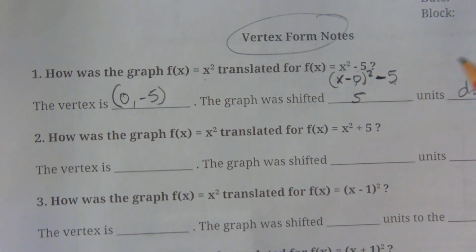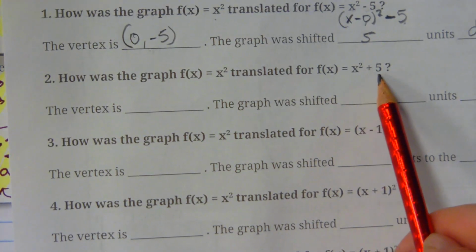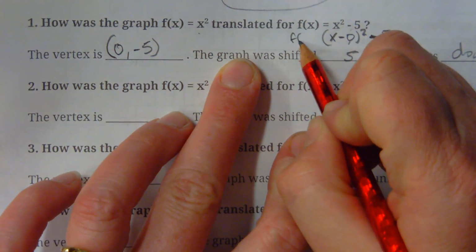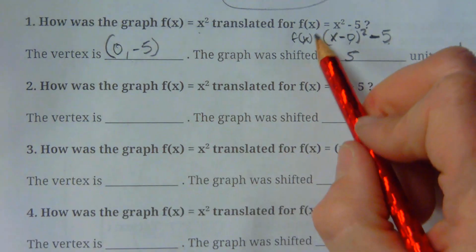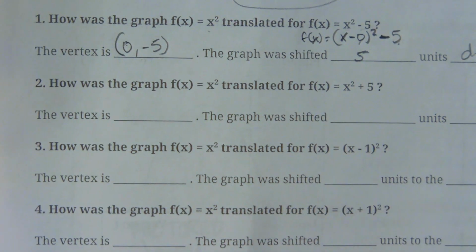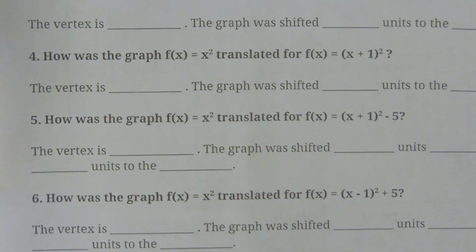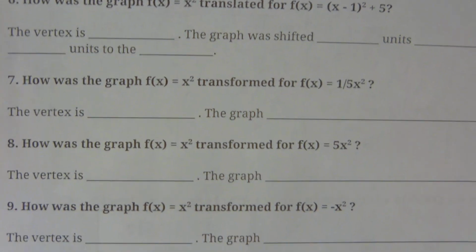And so you're going to do the same thing on all of these. And so this again now it's going to be plus 5. Same vertex form. So you're going to write it in vertex form if it's not already, and you're going to do that. And this goes all the way down, lots of transformations. Remember, you can use Desmos if you need to remind you.